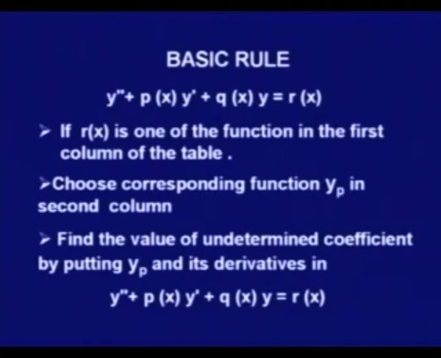So, by using that table we can choose y p, and as in our example, we found the value of a by putting y p dash and y p double dash in the equation, and then we determined what a is.